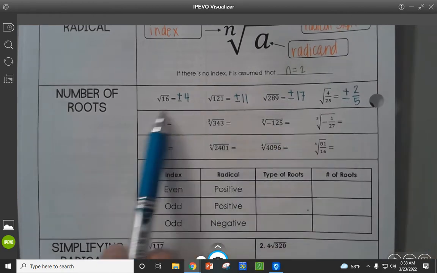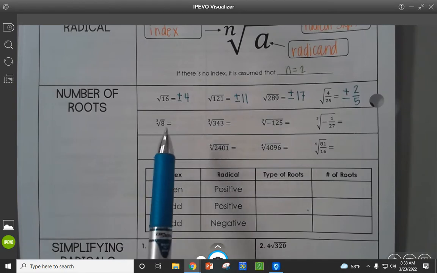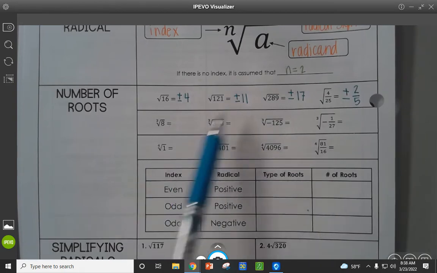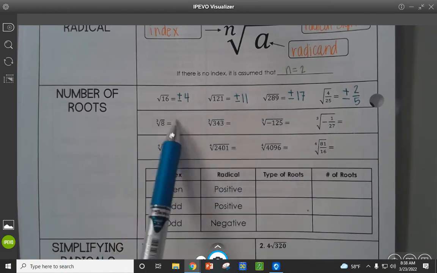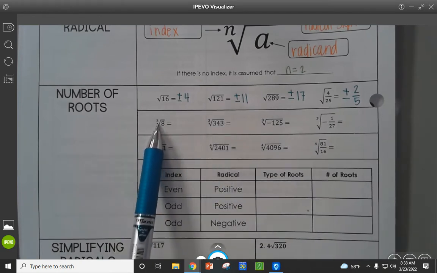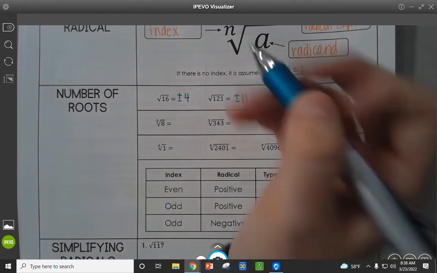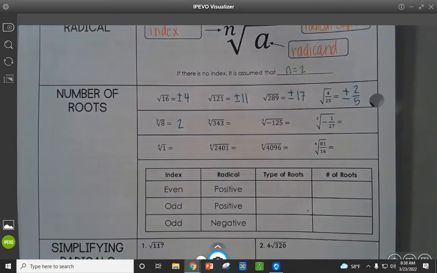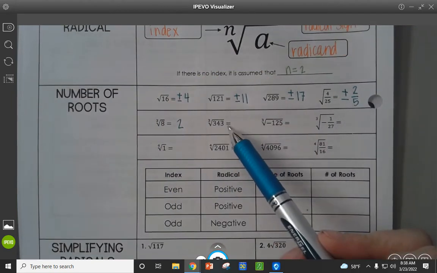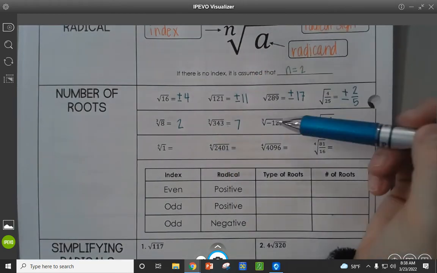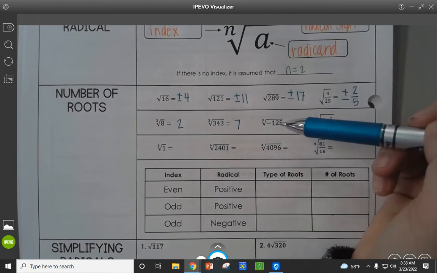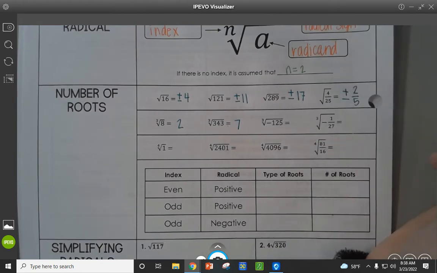Now, when we get to perfect cubes, it is not plus or minus. It actually depends on the sign of what's under the radical symbol. So the cube root of 8 is 2. Just positive 2. Cube root of 343, 7. So that means the cube root of negative 125 is what?